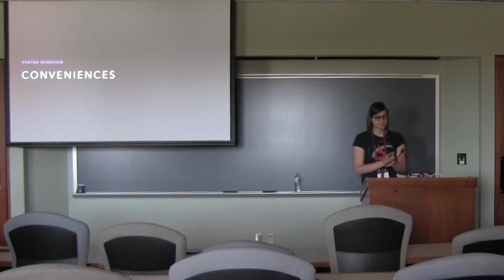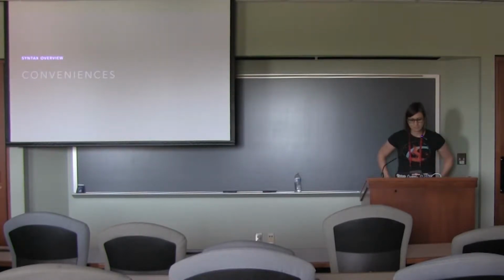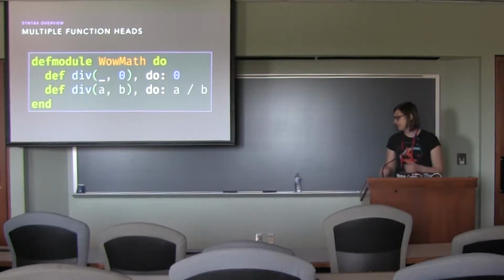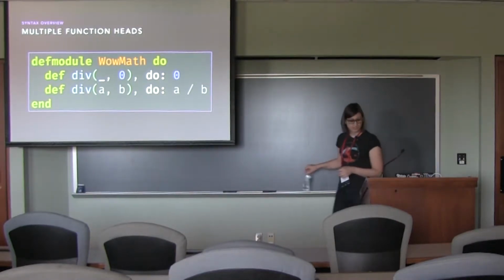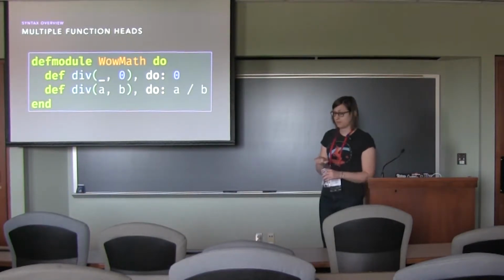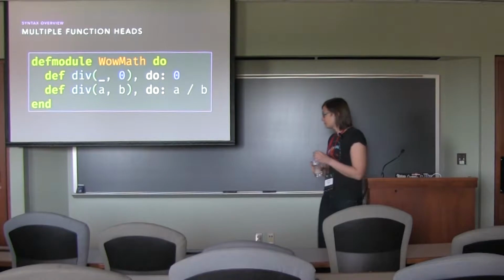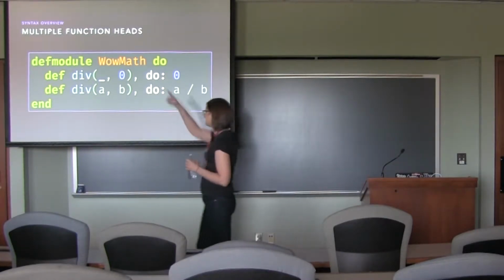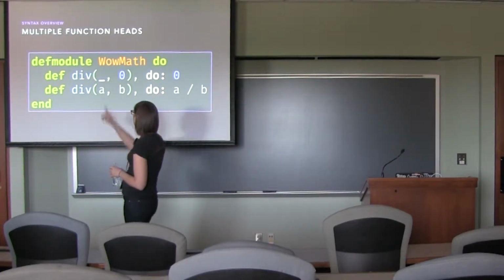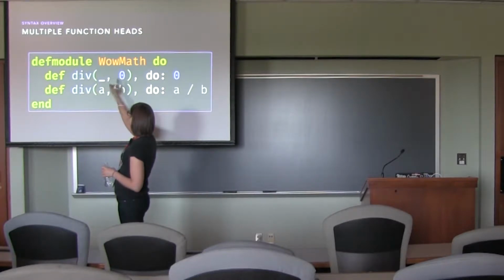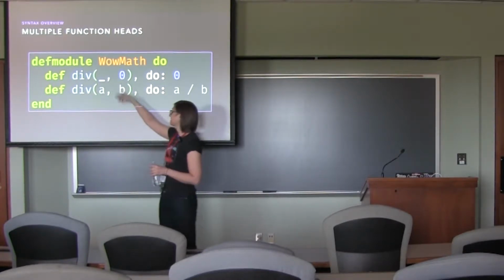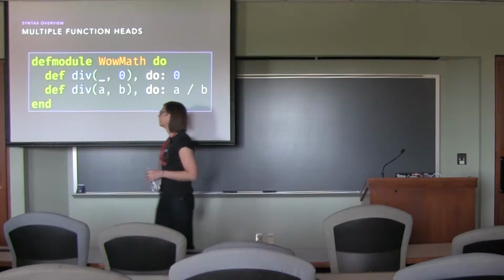So some more conveniences. Multiple function heads, which you may have seen in some other languages. But if you're coming from, say, Ruby or JavaScript, this is very bizarre. We've defined the function twice, this div. And in the first one, we're saying 0 as the second argument, and the first one, ignore it.